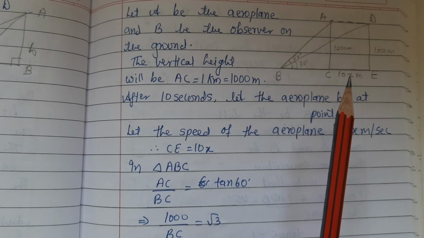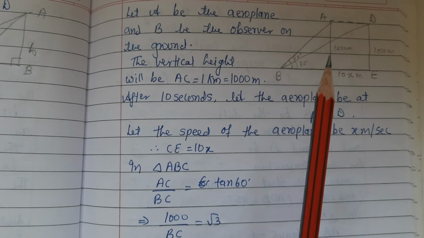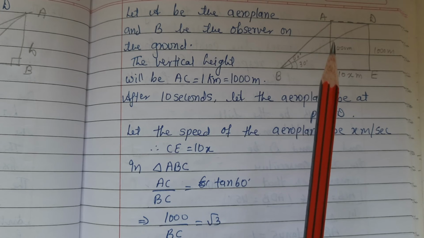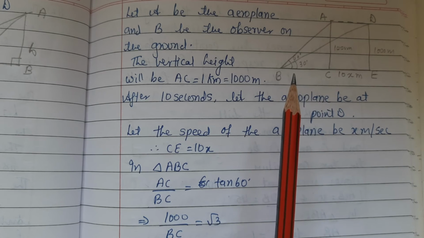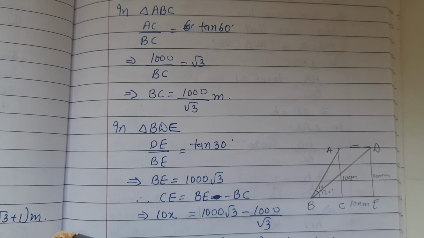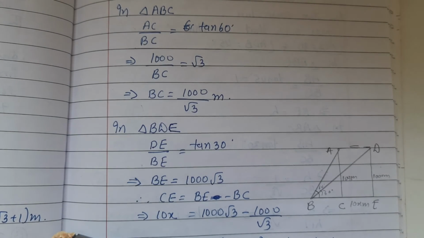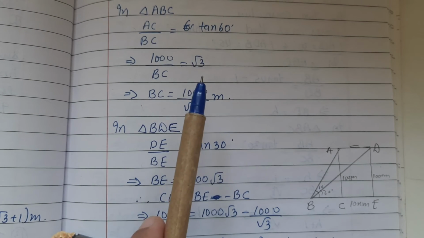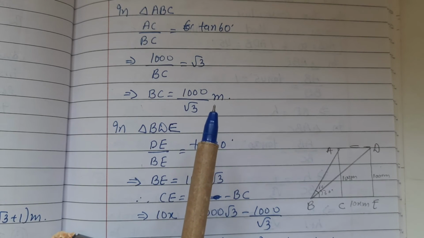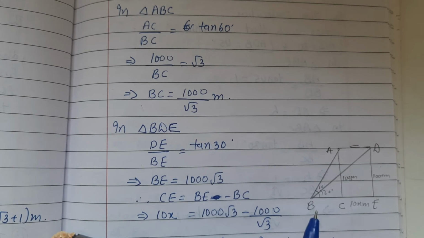CE after 10 seconds is 10 into x. In triangle ABC, AC upon BC equals tan 60 degrees, which implies 1000 upon BC equals root 3. BC equals 1000 upon root 3 meters. In triangle BDE, DE upon BE equals tan 30 degrees.